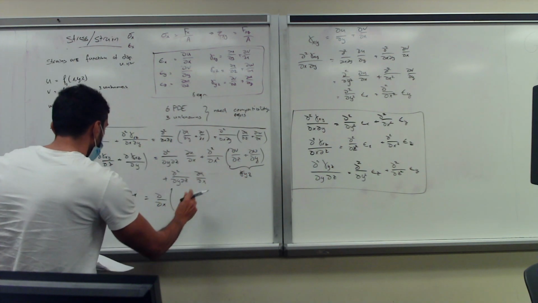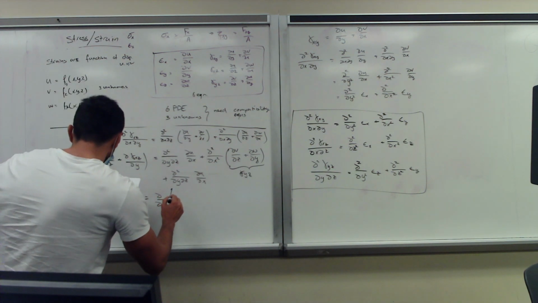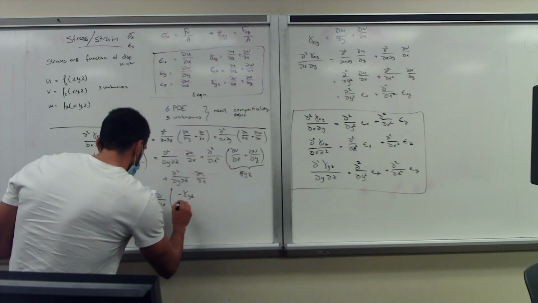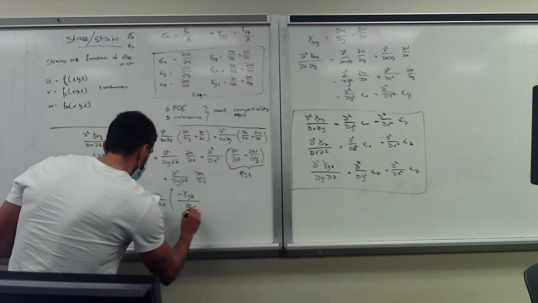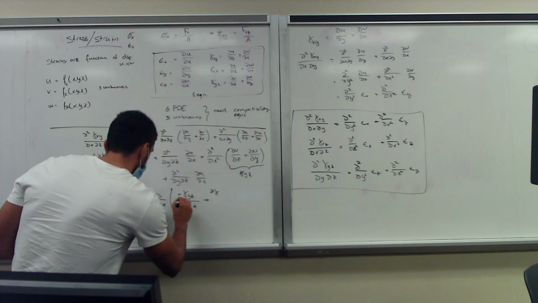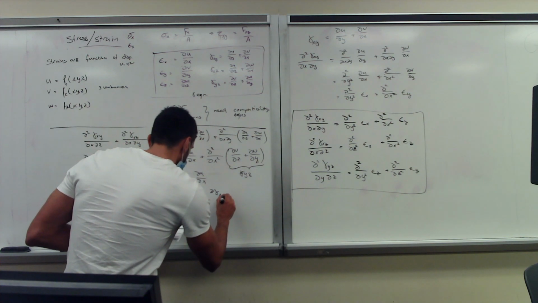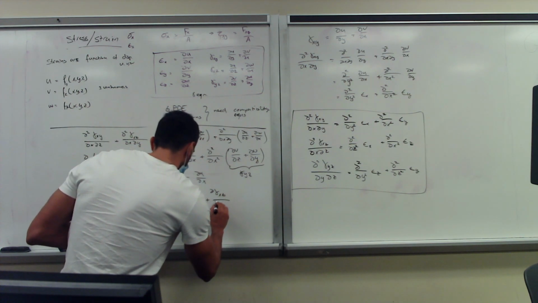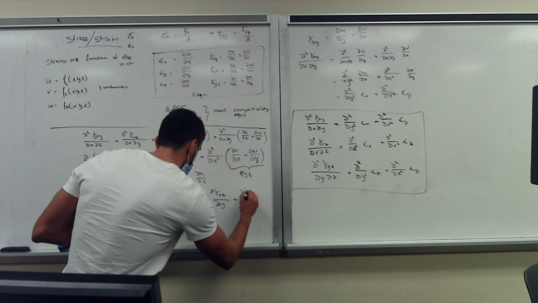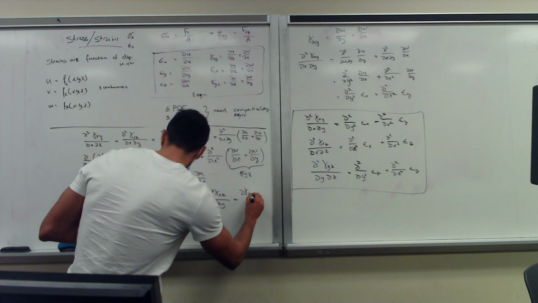So then, taking everything to the other side, what we get is minus gamma yz partial x plus there's a partial sign here as well. Xz with respect to y plus partial gamma yz.